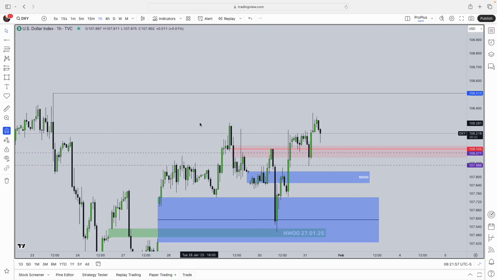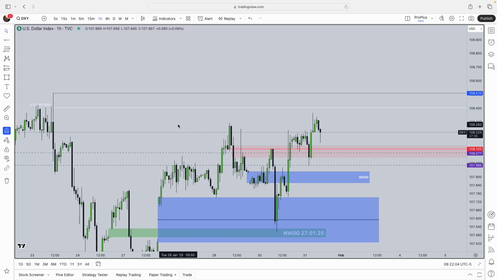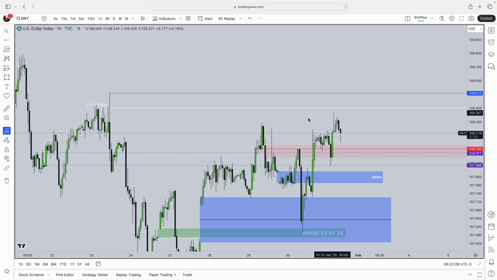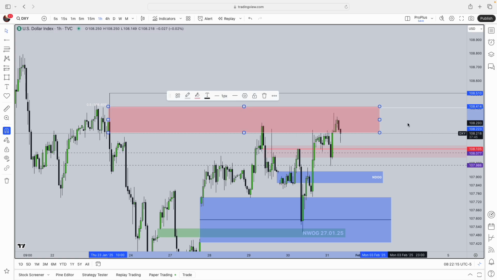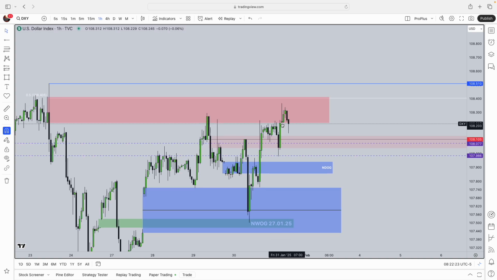So we've had buy side taken here, this wick. You want to take a look at the midpoint. It hasn't actually tapped into that just yet. So midpoint of that wick, we've had buy side here, order block here. So with dollar, we haven't seen three things, but we've seen buy side and order block rejected.